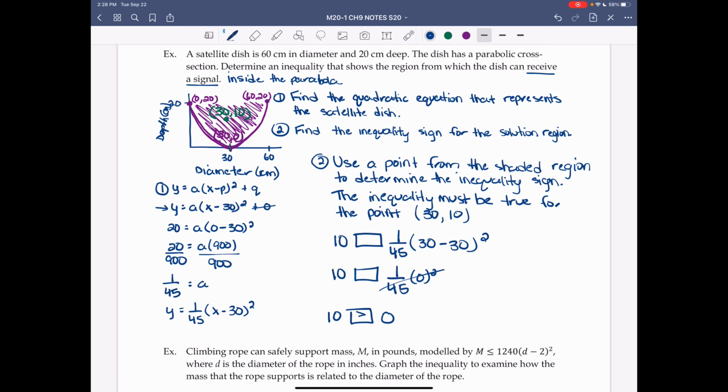And with word problems like this, you can say greater than or equal to, or just greater than. I would accept either answer. Therefore, our inequality becomes y is greater than or equal to, or just greater than, 1 over 45 bracket x minus 30 close bracket squared.